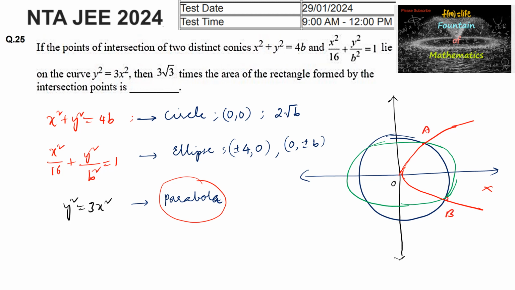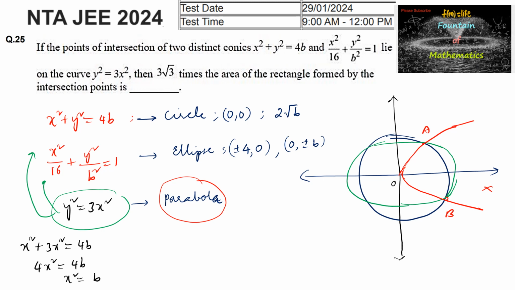So let us substitute y square is equal to 3x square in both the equations, so that we'll get x square plus 3x square is equal to 4b, that is 4x square is equal to 4b. So x square is equal to, we can write, b. And the next part, substituting here, x square upon 16 plus y square, that is 3x square upon b square, is equal to 1.